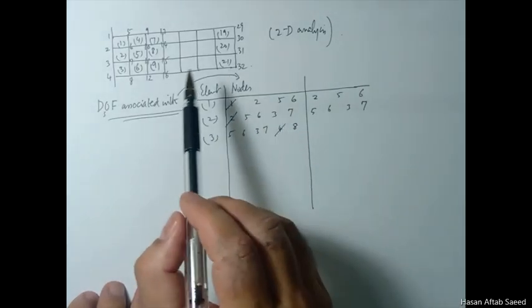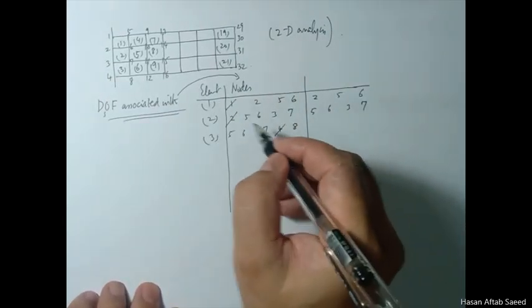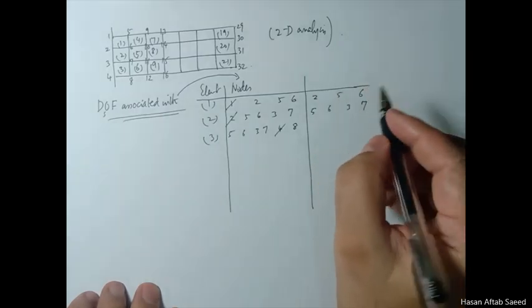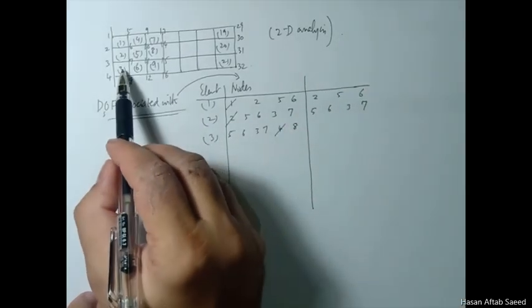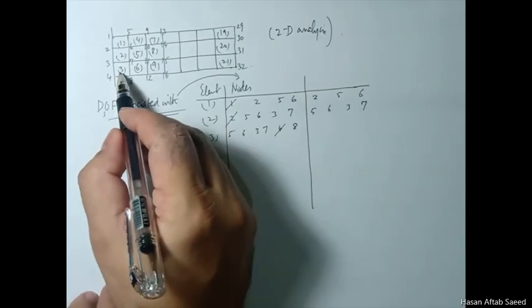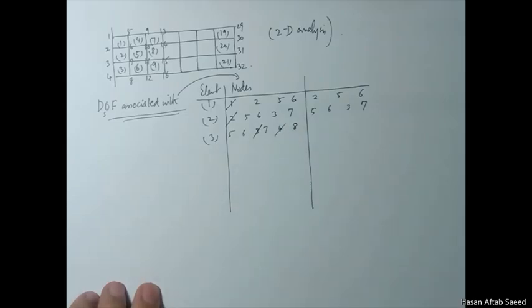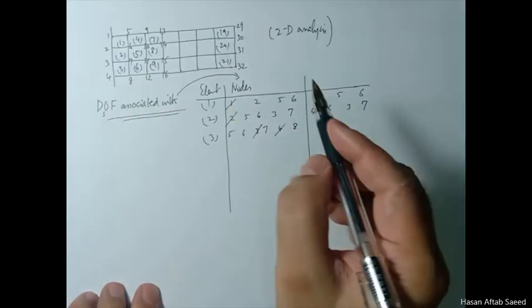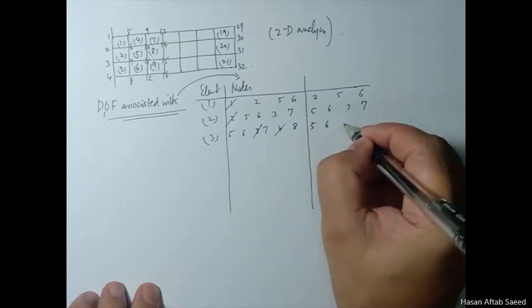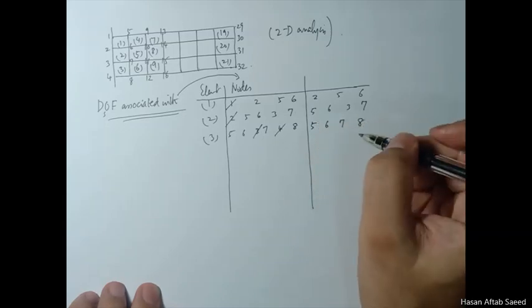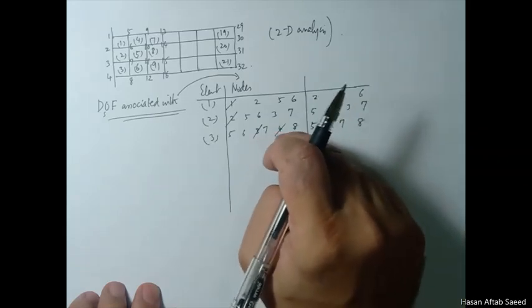Others are still alive. 3 also goes at this stage. So in your working memory you have 5, 6, 7 and 8.